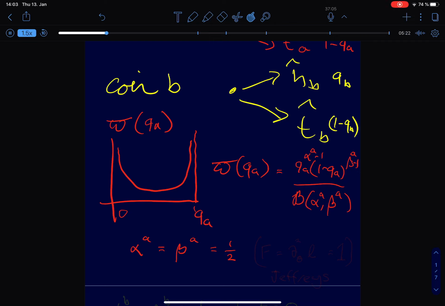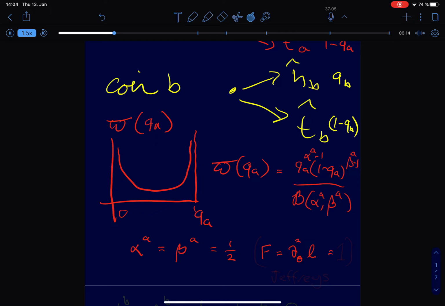What the Jeffreys prior is, is a statement that you choose your prior based on making the likelihood flat with respect to a particular choice of coordinate system. So this is really a uniform prior, but where our coordinate system is chosen such that the Fisher information, which is equal to the second derivative of the likelihood, is equal to 1.